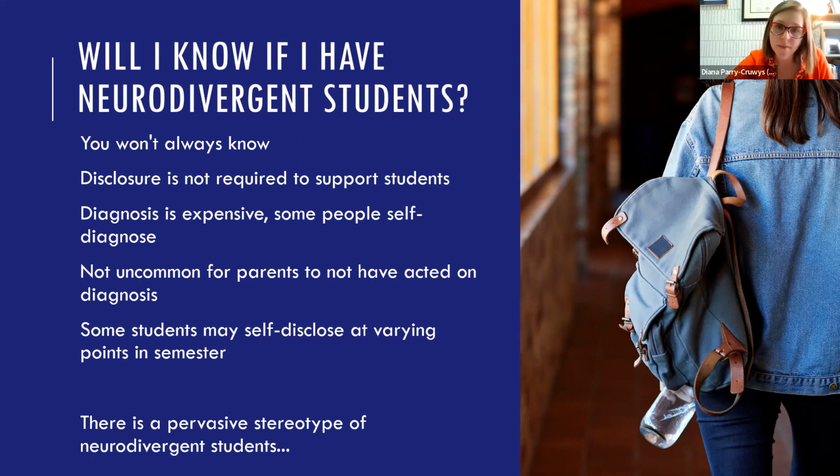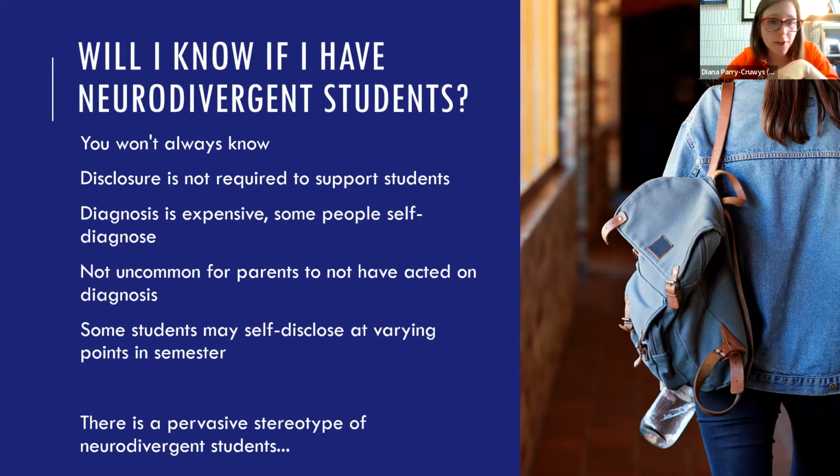Yeah. So you could have students who are anywhere along that entire path in your class, or others who may not have a diagnosis, may not have self-diagnosed as well, but who still potentially have some support needs too.